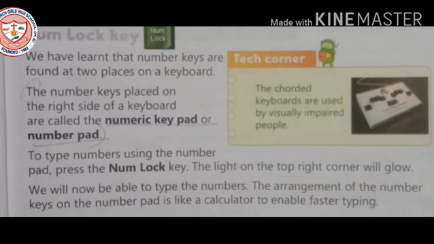To type numbers using the number pad, press the numlock key. The light on the top right corner will glow. We will now be able to type the numbers. The arrangement of the number keys on the number pad is like a calculator, which enables faster typing.